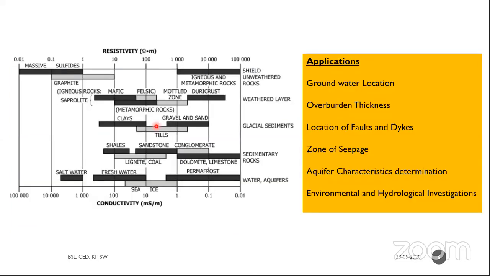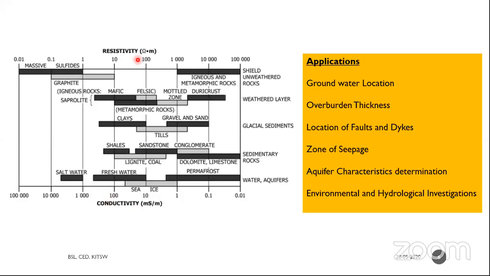If you see this diagram, this is a chart from ASTM. This code gives a glimpse of the readings. You can see different soil types. On the top y-axis it is resistivity, and at the bottom it is conductivity.